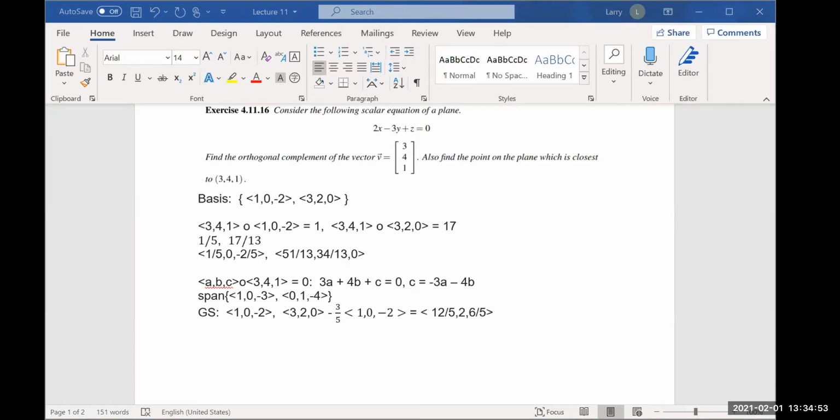So I take the 3, 4, 1, and I subtract. Do you remember? Right. So if I want to find the projection, I take these guys and I subtract. Okay. So let me remind you the formula again. It looks like none of you are coming in with the answer. So let me get you the formula. And it's here.